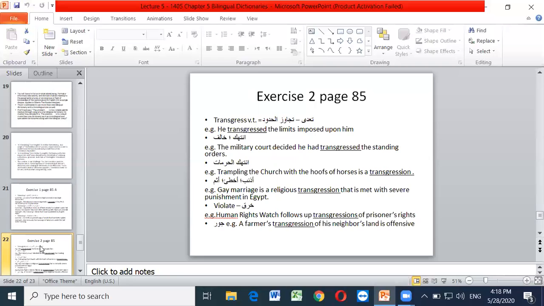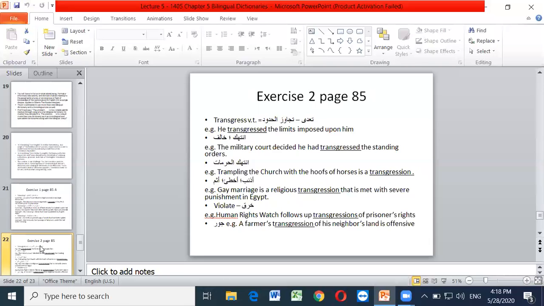In exercise 2, page 85, he gives a lot of Arabic options for a particular English word, and he is asking you to consult a monolingual dictionary to provide different contexts for transgression and decide on the most suitable Arabic equivalent in every case.